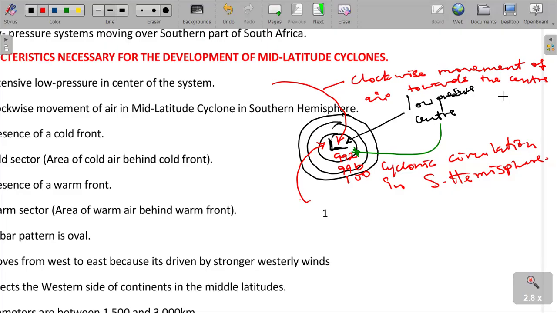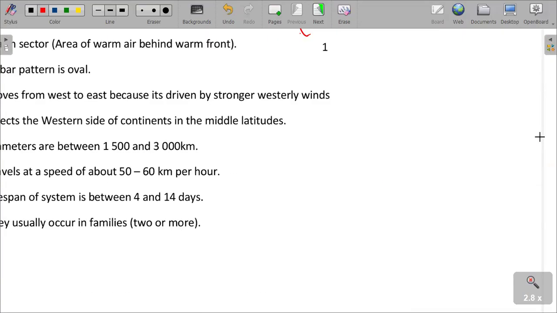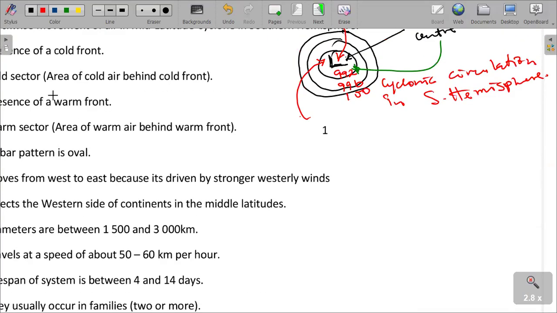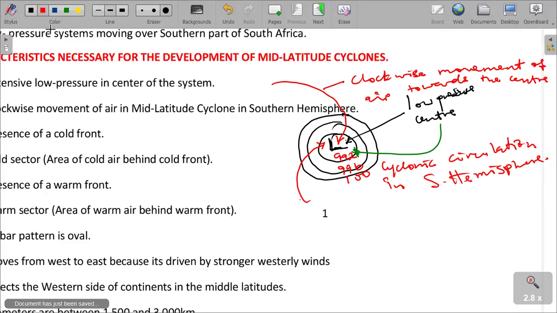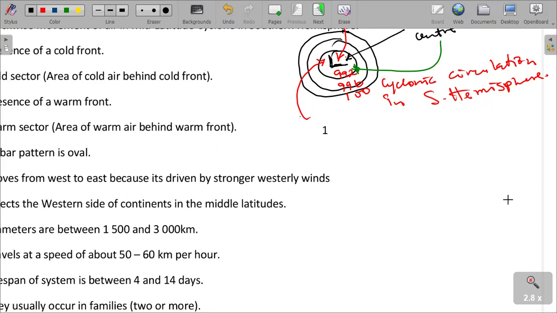So I just want to quickly show you how it differs with the cyclonic circulation that might take place in the northern hemisphere. So in the northern hemisphere, for the cyclonic circulation, we have got our isobars, just as usual.